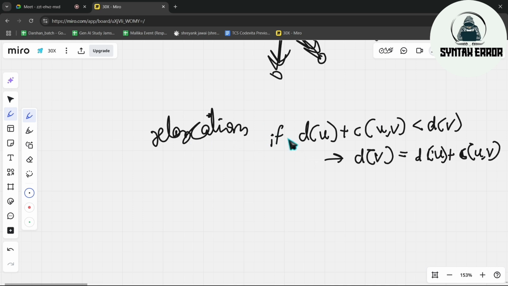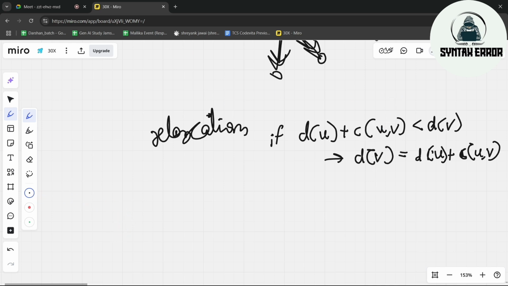This is our relaxation. So this piece of code is there, right? These two lines of code, the entire Dijkstra's algorithm is dependent on these two lines of code. So understand this one very properly.